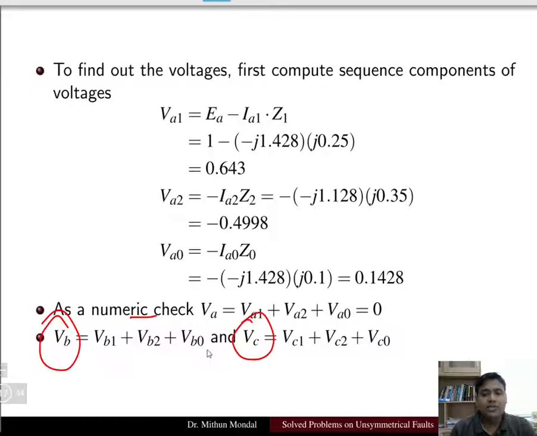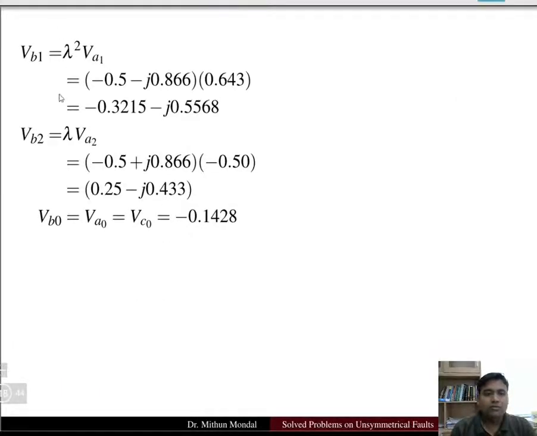VB and VC are the other phase voltages, which can be obtained by the sum of the zero sequence, positive sequence and negative sequence components for the particular phase, for phase B as well as phase C. Let us obtain it for phase B. We have obtained the value of VA1. Resolving it with respect to the symmetrical component lambda square, we get VB1.